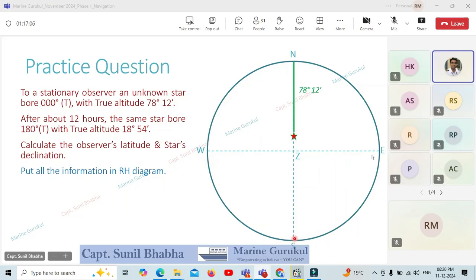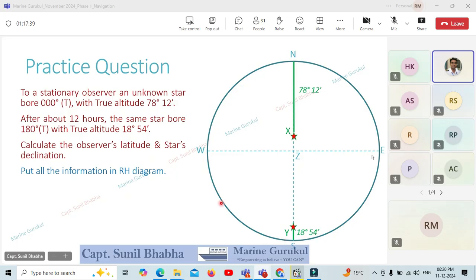So from the horizon we move 18 degrees 54 minutes up, and this is where our star is. So let's mark off the star here. You can name this location as Y. The initial location where the star was bearing north is named X, and at the southerly bearing the star is named Y.